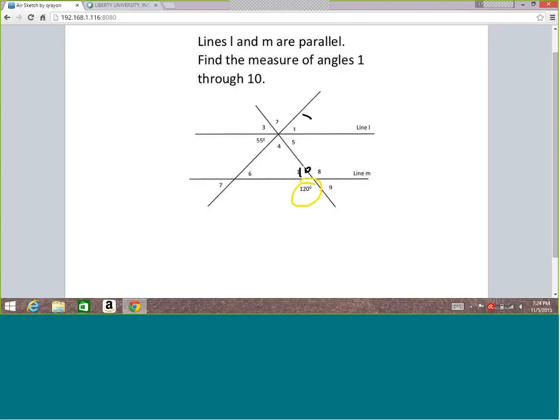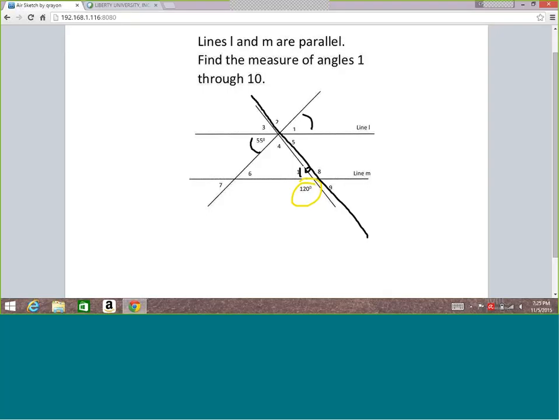Also, this 55 degrees, I can find angle 1 right away by looking at that vertical angle. So I was able to find 3 or 4 angles right away just by starting at where I know information. And then from there, using this line intersecting the parallel lines to look for relationships, going back to that special situation of parallel lines intersecting a third line.